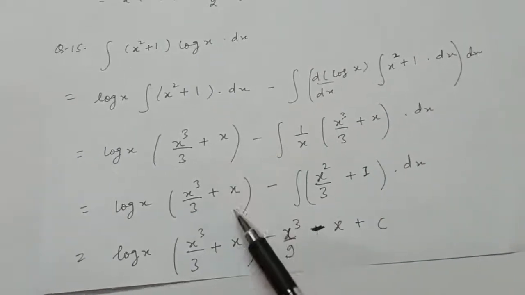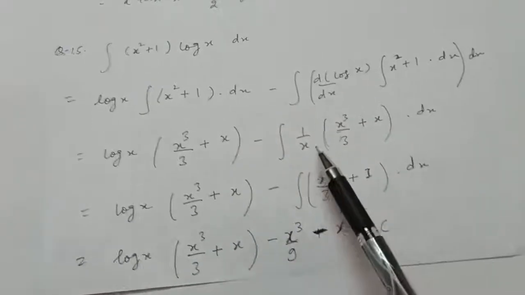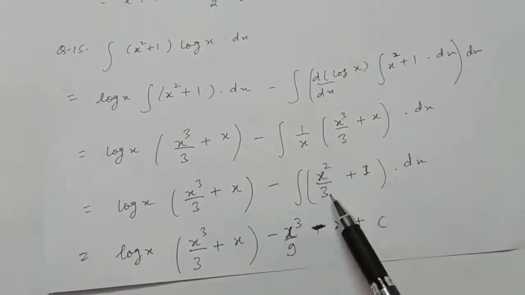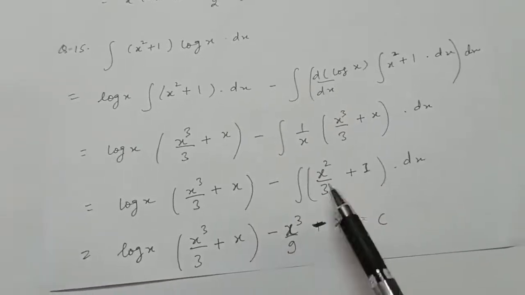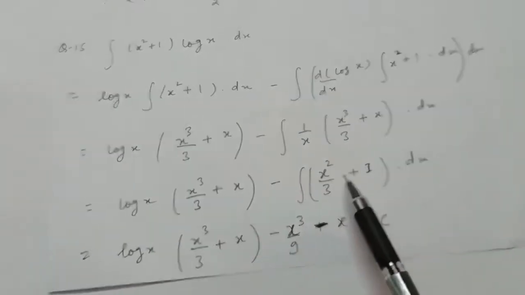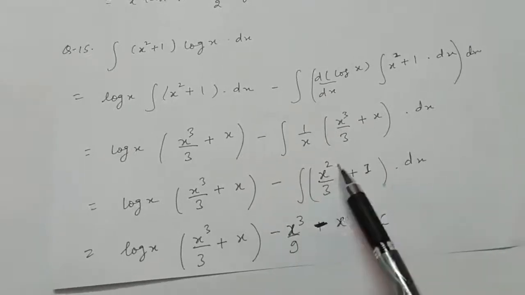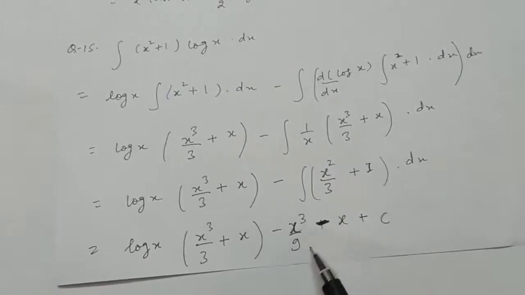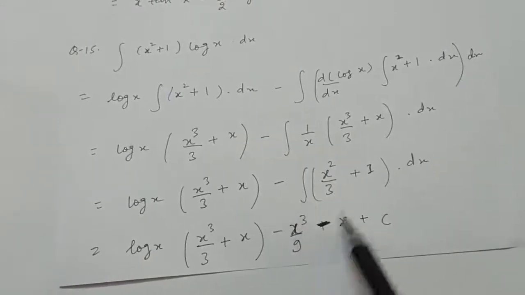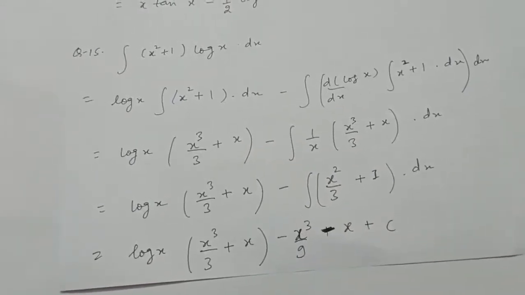Now this term as it is, minus the integral of this, which will become x square by 3 plus 1. Now this term again as it is, you know the integral of both of these. 1 by 3 as it is, the integral of x square will be x cube upon 3, so 3 into 3 will become 9. Minus the integral of 1 is x, plus c.